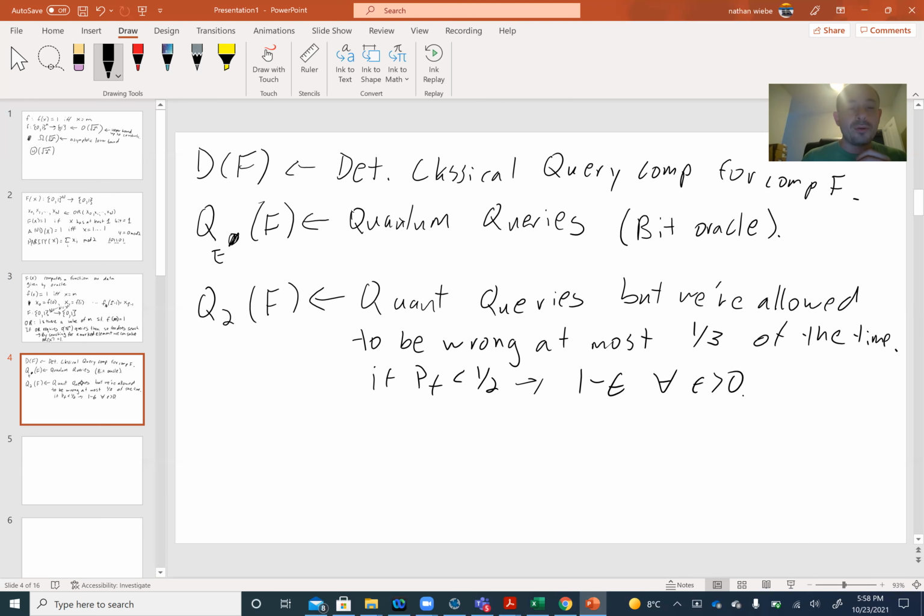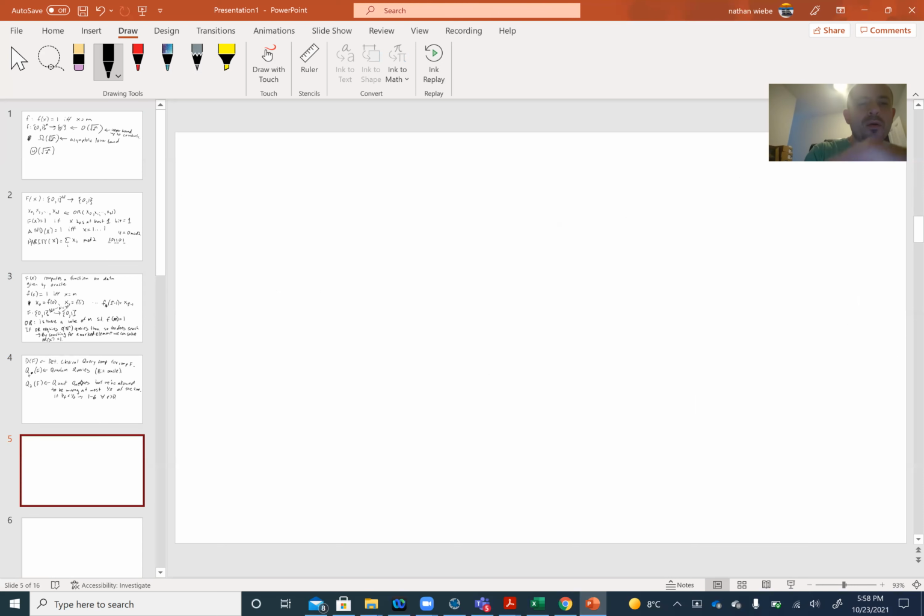particular functions. Now, the next thing that we want to do is relate the problem of computing this function to the problem of approximating the function by a polynomial. And so what do I mean by that? Well, let's consider f of x, which maps from {0,1}^n to {0,1}.